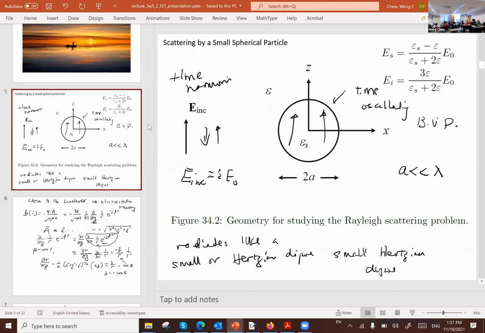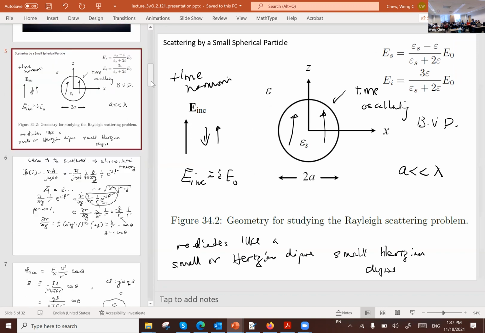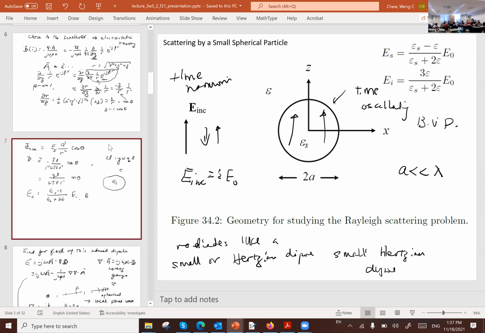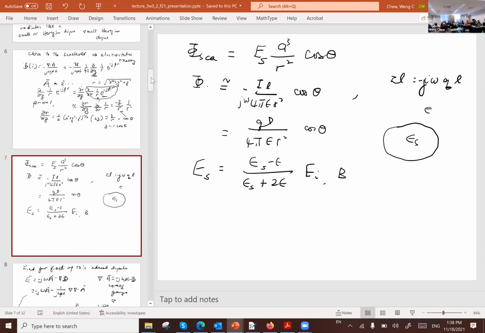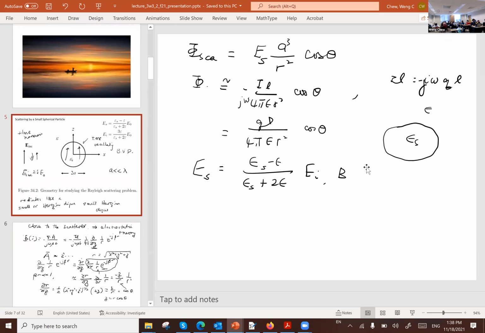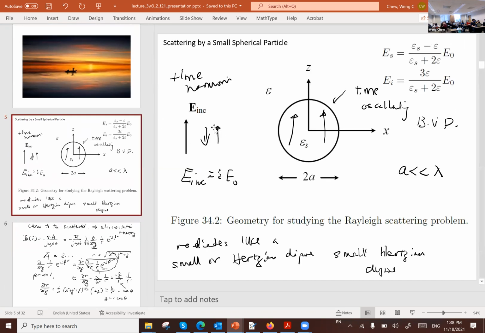Since you know the dipole moment, and you know the Hertzian dipole, the potential is going to be given like this. The scattered potential then has to be equal to this constant over here, which is what we found previously in this slide, and also in the homework. E naught is essentially E incident.